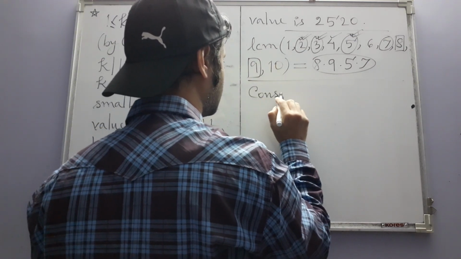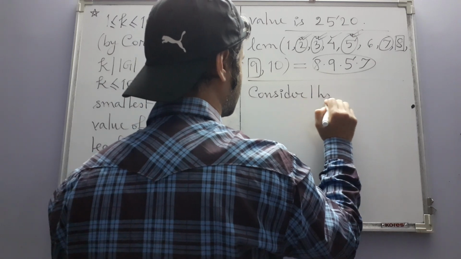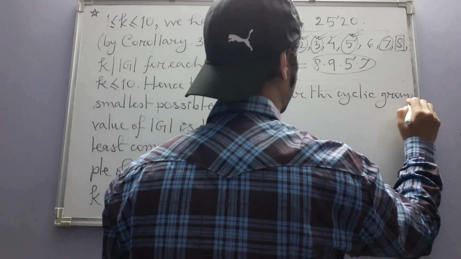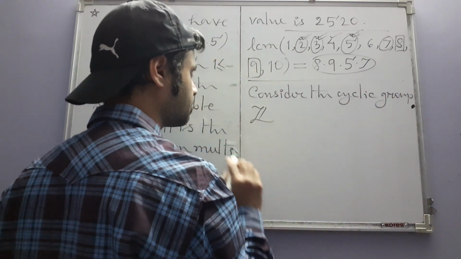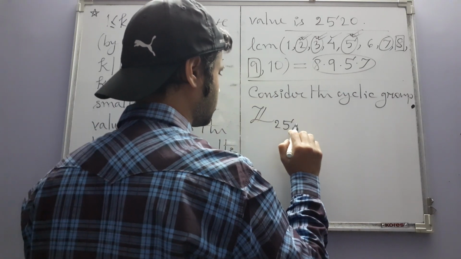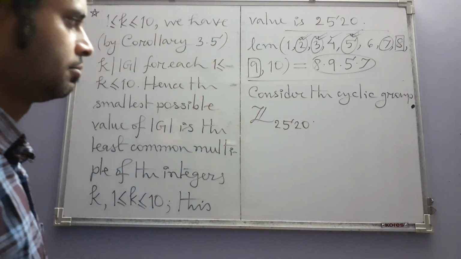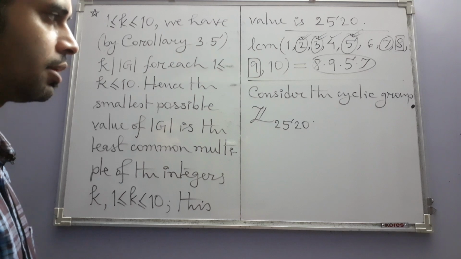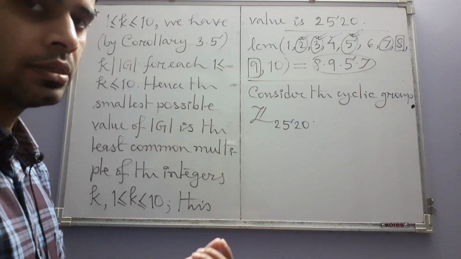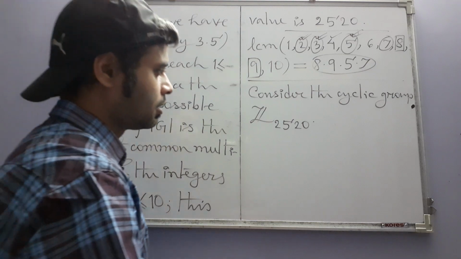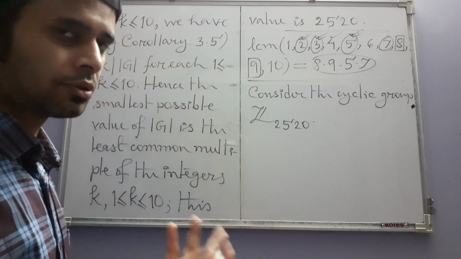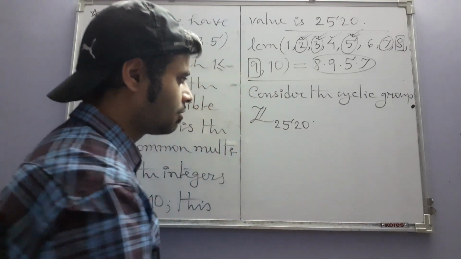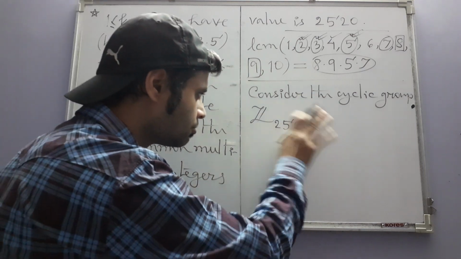Consider the finite cyclic group whose order is 2520, generated by the generator 1, where the binary operation is addition modulo 2520.